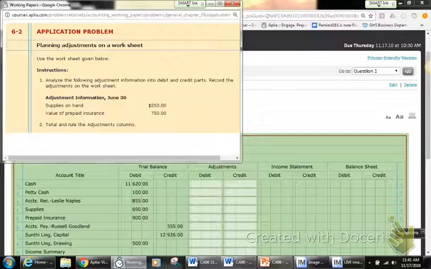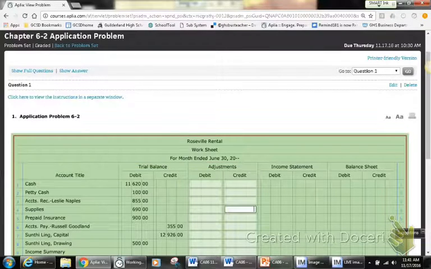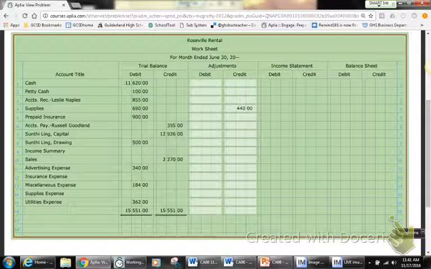So we're going to credit the supplies amount for how much? $440. And what are we going to offset that with? A supplies expense for the same amount. We're going to debit it to show that we've expensed or used that up.